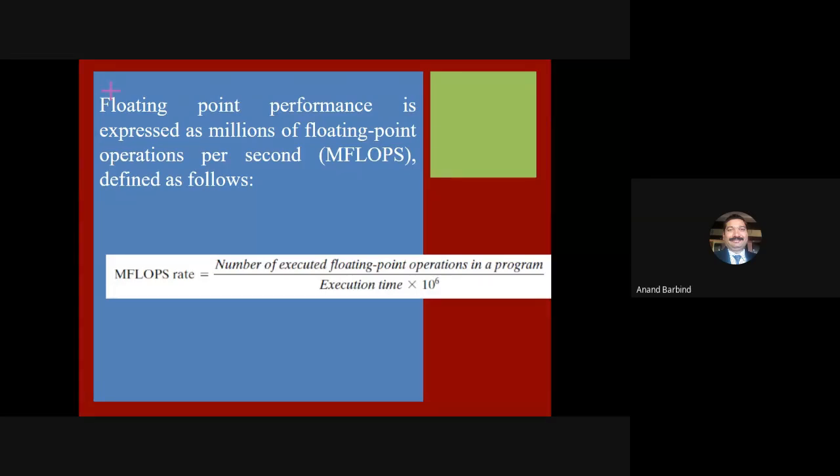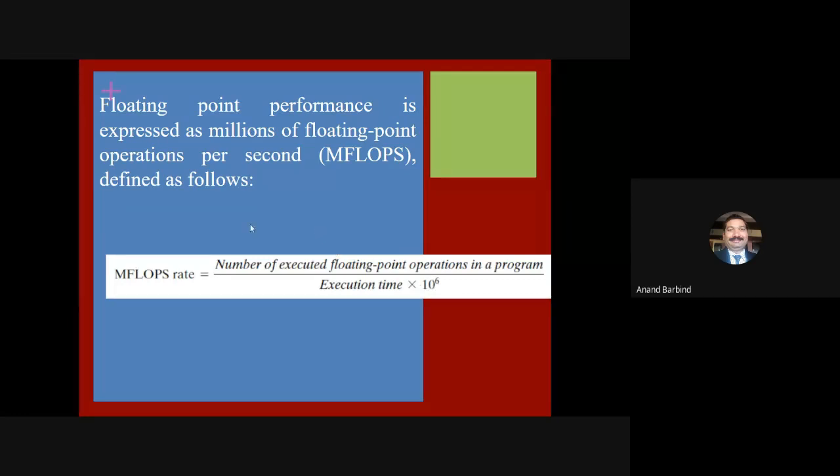So instead of flops, another parameter is also defined for the computer, that is mFlops, that is million floating point operations per second. How many millions of floating point operations per second are executed by a particular processor can be calculated using this formula: the number of executed floating point operations in a program divided by the execution time into 10 to the power 6.